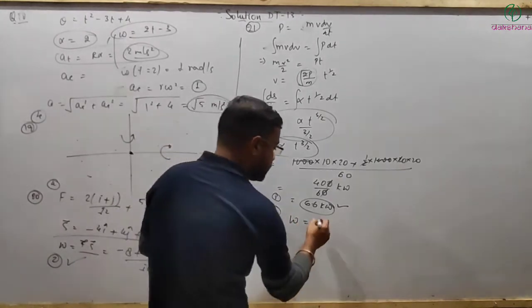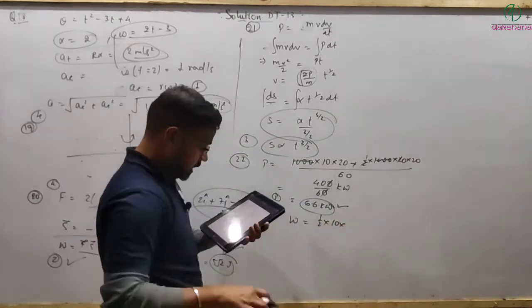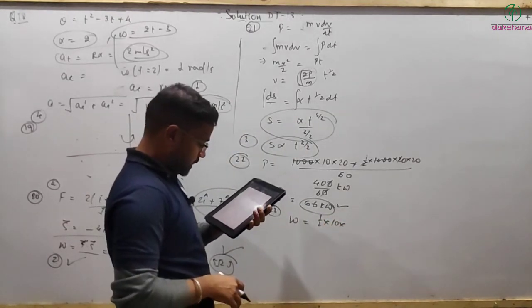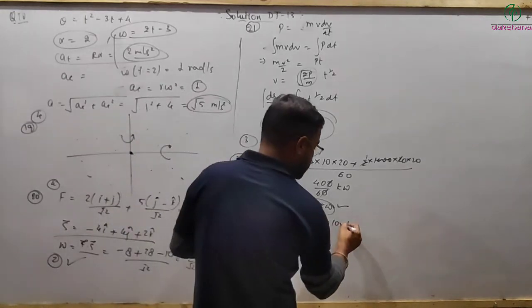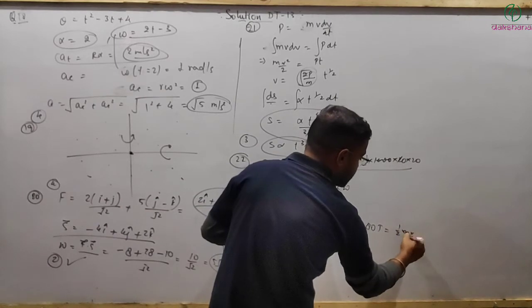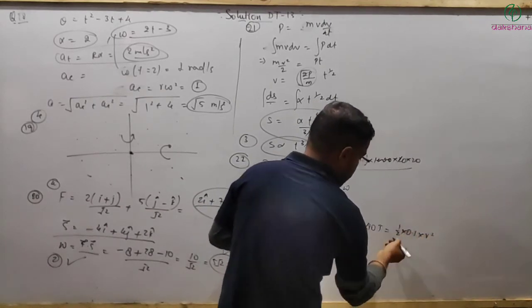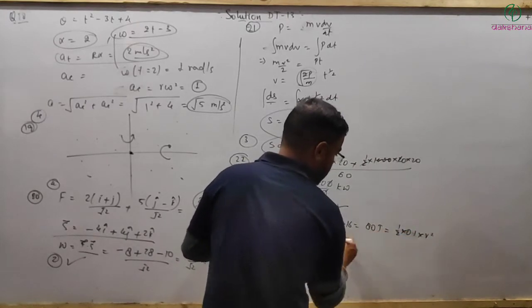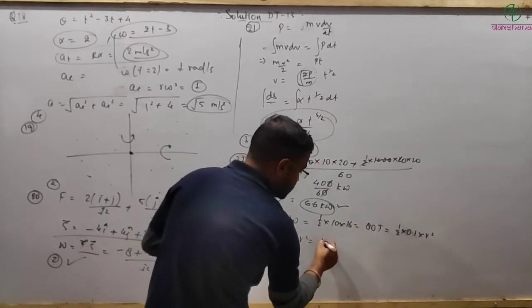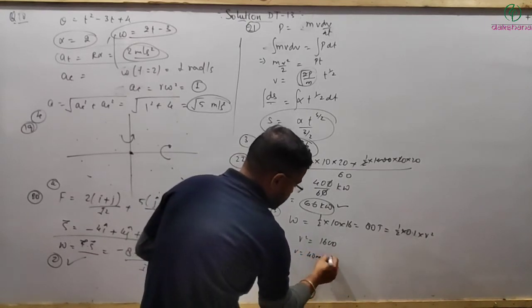Area is 1 by 2 into height, that is 10, multiplied by the sum of the parallel sides, that is 12 plus 4, 16, so it's coming out to be 80 joule, and this is equal to half m v square. Mass is 0.1, so 80 equals half into 0.1 into v square, which implies v square is equal to 1600 and v is equal to 40 meter per second.